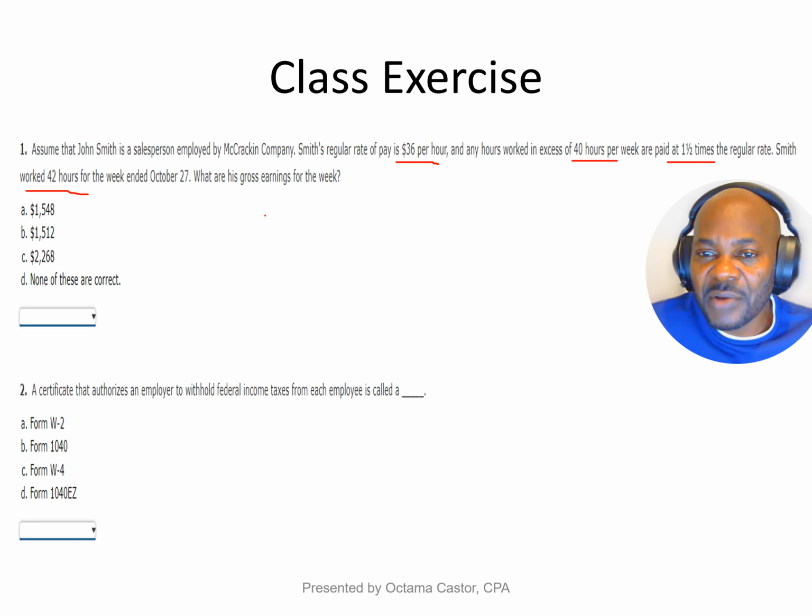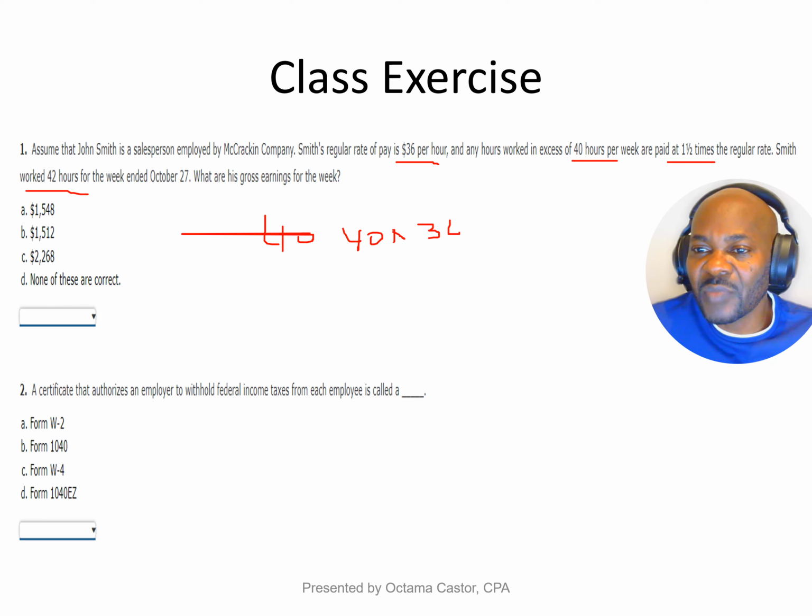So 40 hours, let's look at his rate at 40 hours. 40 hours times 36, right? That would be $1,440. That is his regular pay. What about his overtime? He works 42 hours, so 2 hours would be overtime. 2 hours at $54.